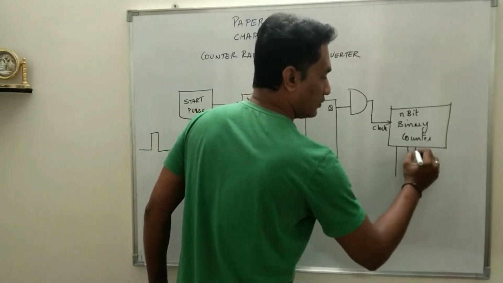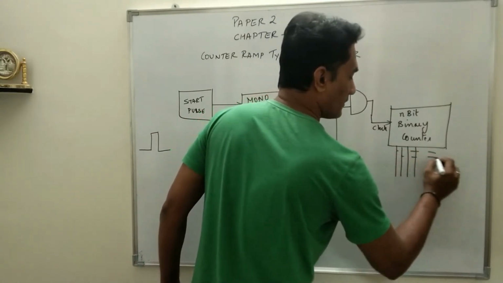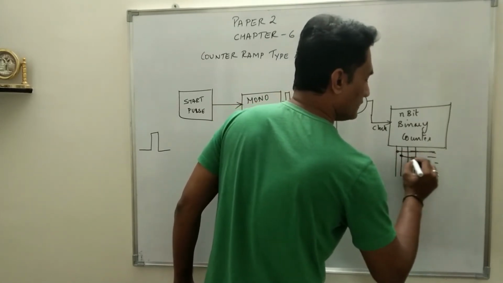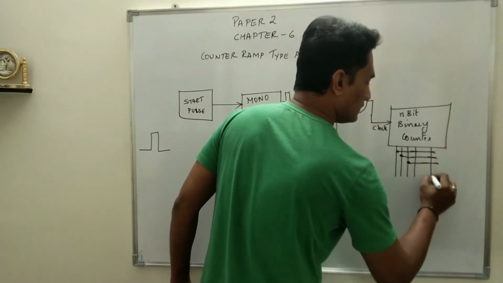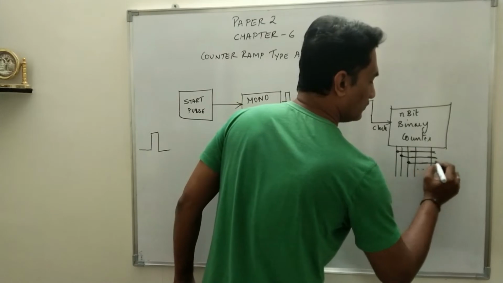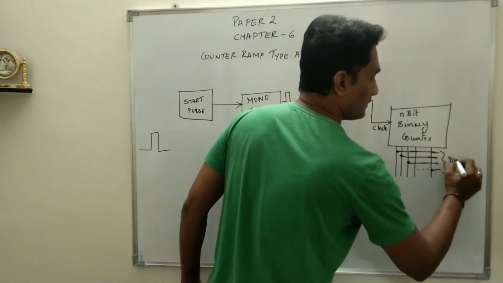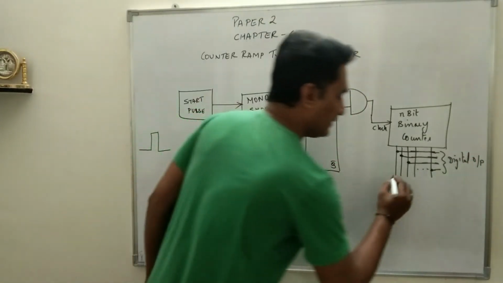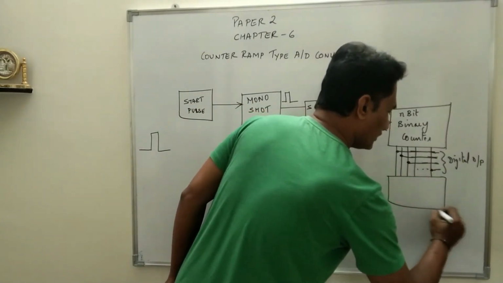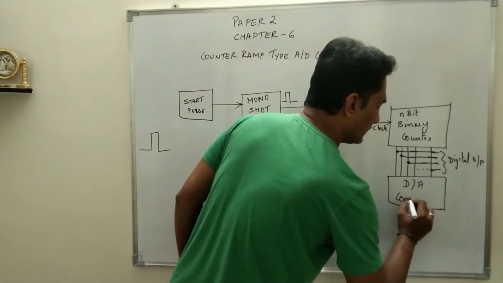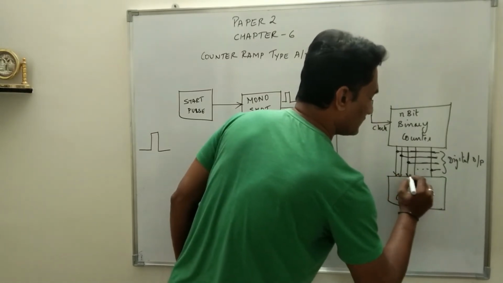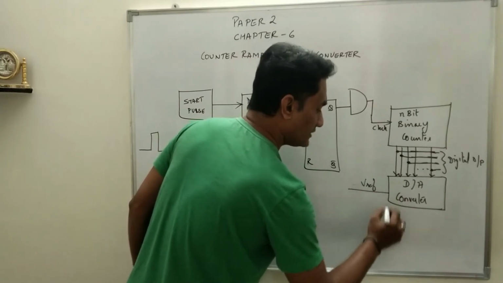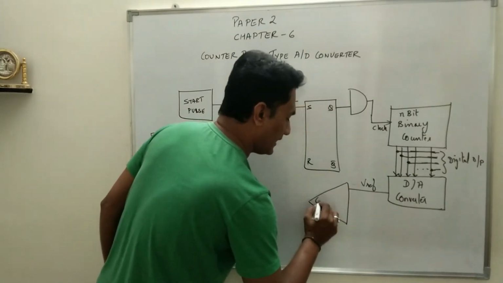The n-bit binary counter's output will give you the digital output, and the output of this n-bit binary counter is given to a D2A converter, which converts the digital output into analog voltage, and this acts as a reference voltage, and it is given to a comparator.